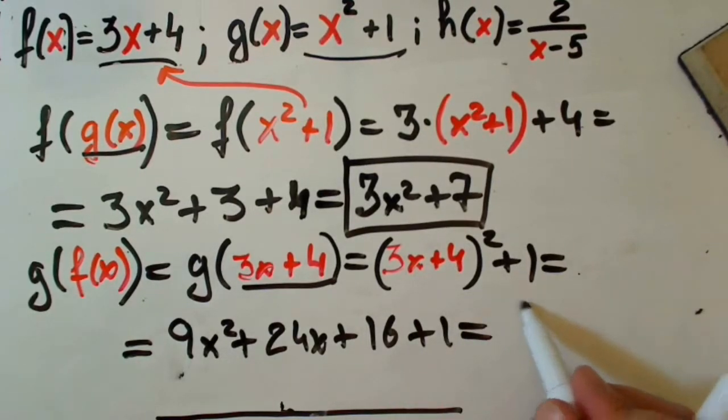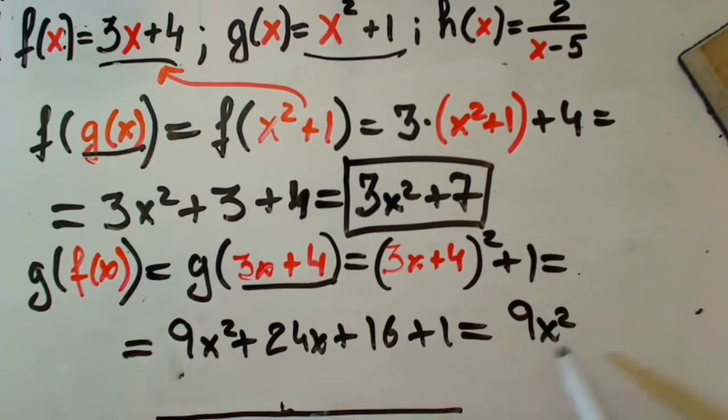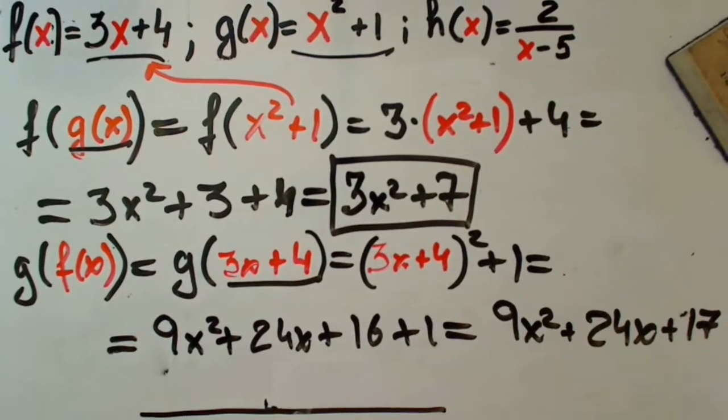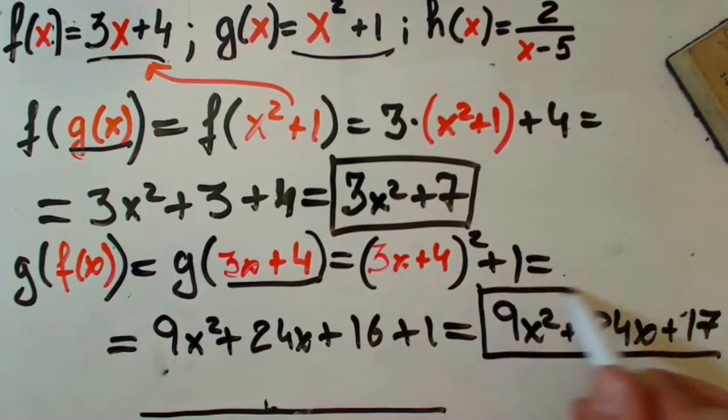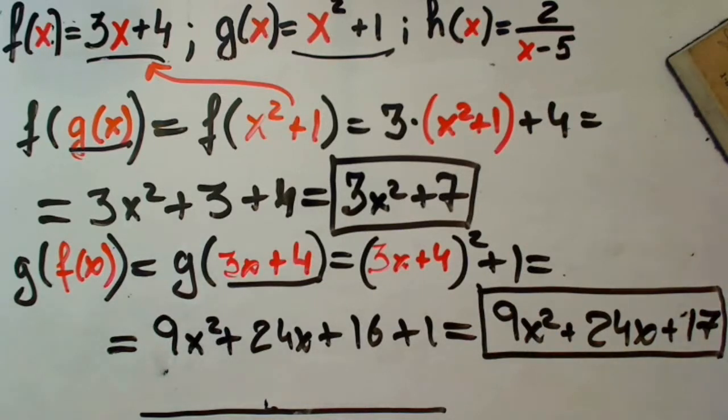Similar terms: 9x squared plus 24x plus 16 plus 1, 17, plus 17. And this is the result for our composition of functions in terms of x.